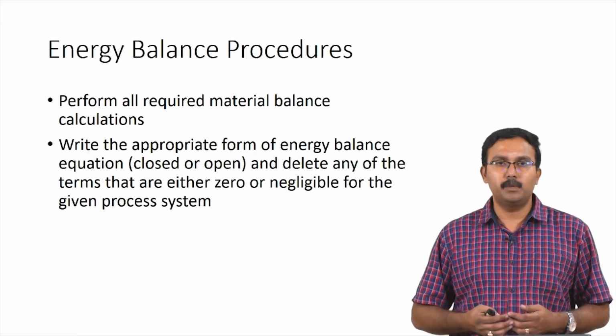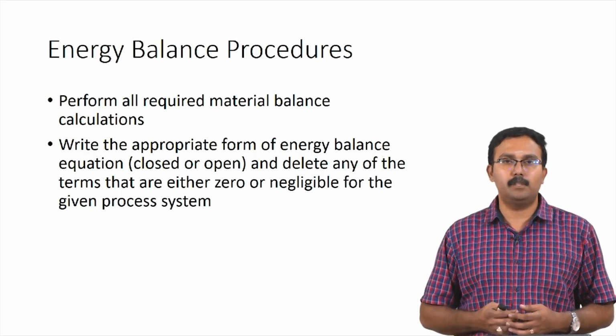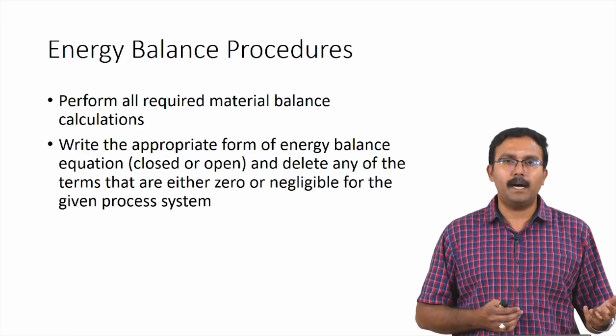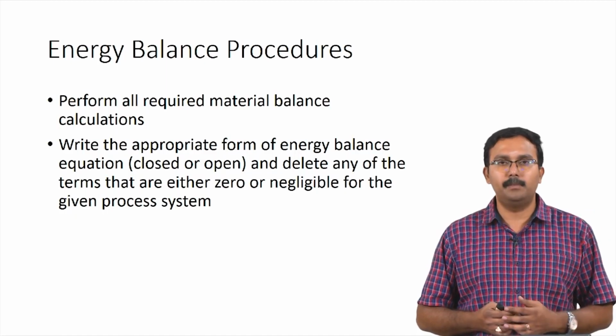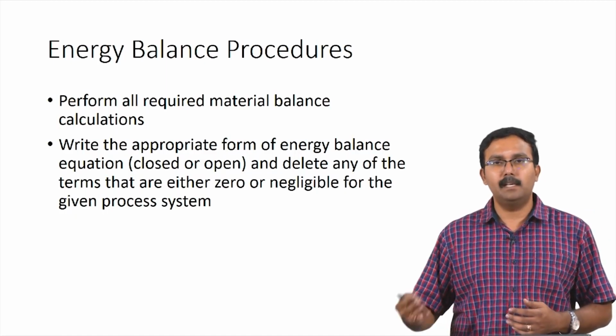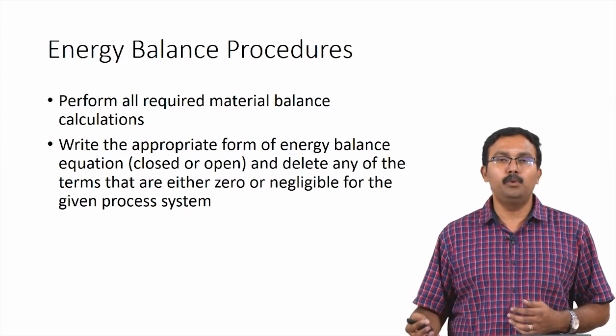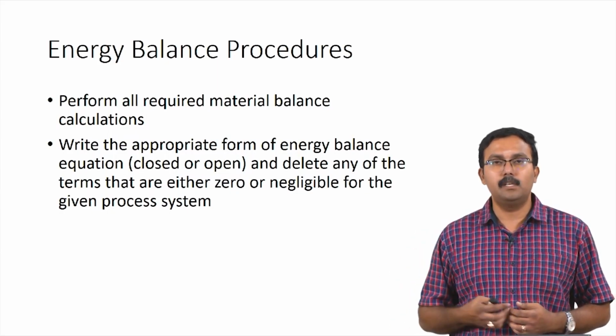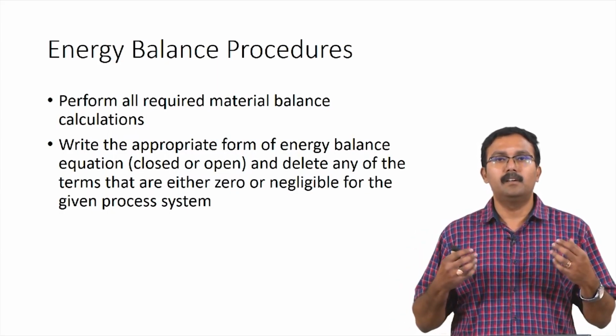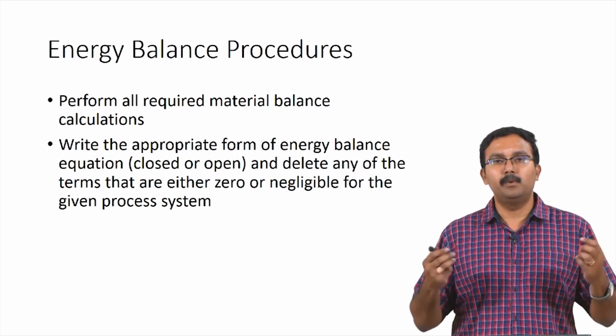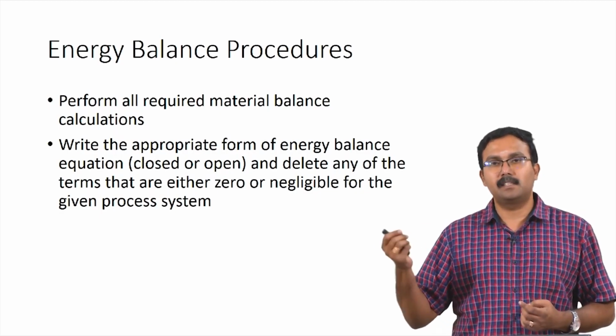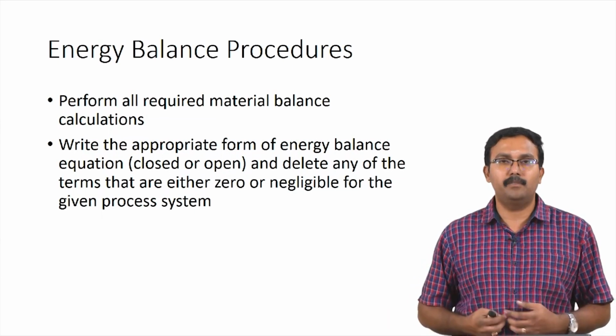If there is no change in position, you would assume change in potential energy to be 0. If there are no moving parts, you would assume shaft work to be 0. If the process is adiabatic, then you would have Q or heat transfer to be 0. If you have such a system, you would have to make sure every factor is cancelled before you perform further calculations.